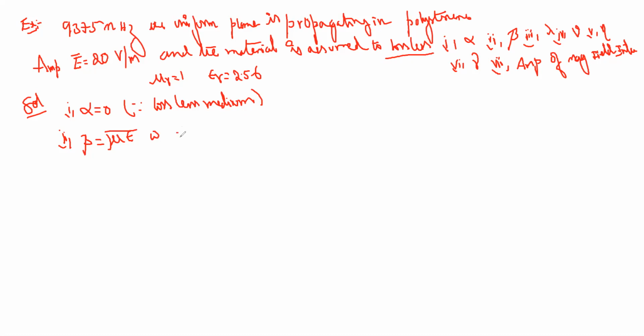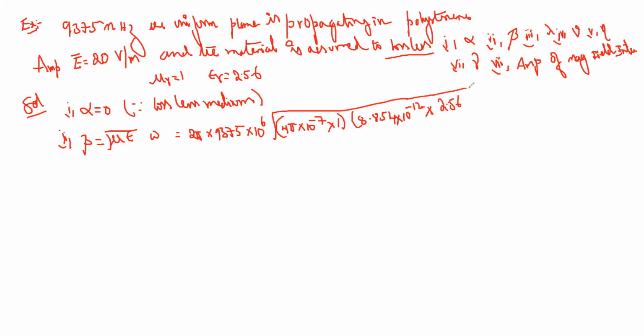Then the second one, beta, the same formula you use: omega under root of mu epsilon, where omega is equal to 2 pi f. The frequency is given, 9375 mega into 10 power of 6, and under root of mu naught mu r and epsilon naught epsilon r, where mu naught is 4 pi into 10 power of minus 7, mu r is 1, epsilon naught is 8.854 into 10 power of minus 12, and epsilon r here is 2.56.